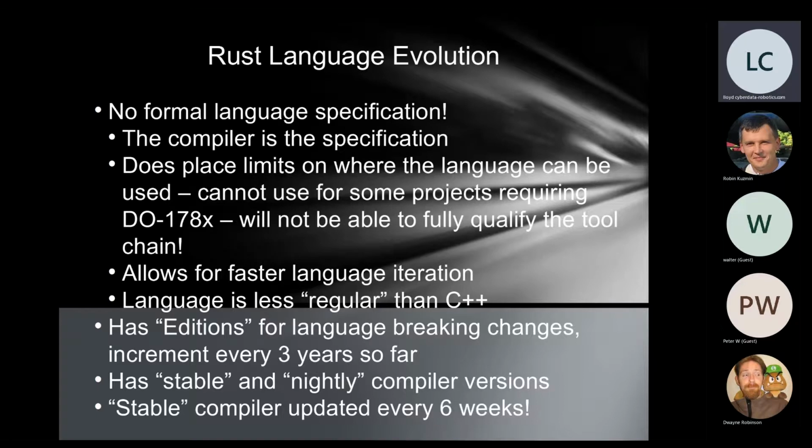And you cannot use Rust for the actual project code, for instance, like the code that would go on the vehicle, or the code that would fly the airplane, or something like that. Because you don't have a language specification, you cannot fully qualify your tool chain, because to do that you have to match your tool chain up to the specification. And that actually limits where you can use Rust.